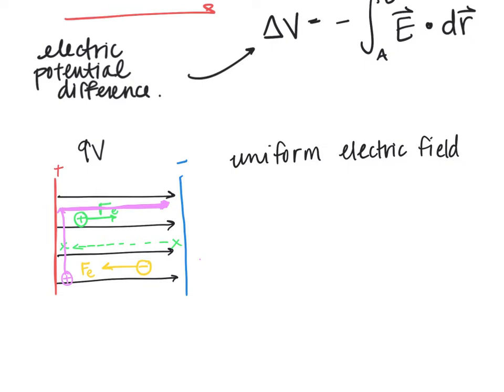Just like in a gravitational field, when you carry a box across the floor and the height does not change, the work done by the gravitational force is zero and there's no change in gravitational energy.